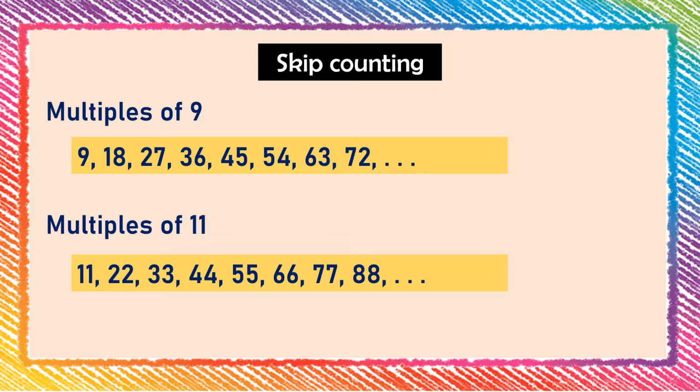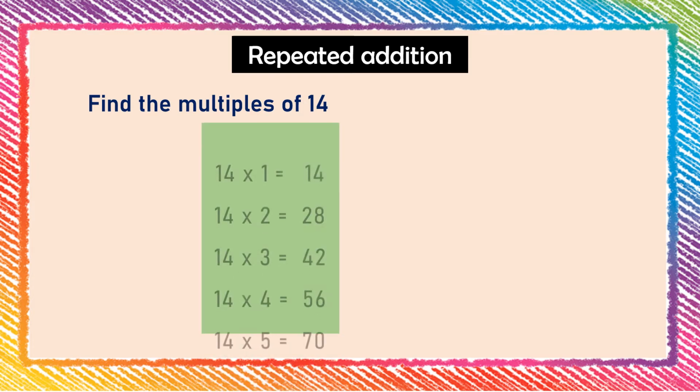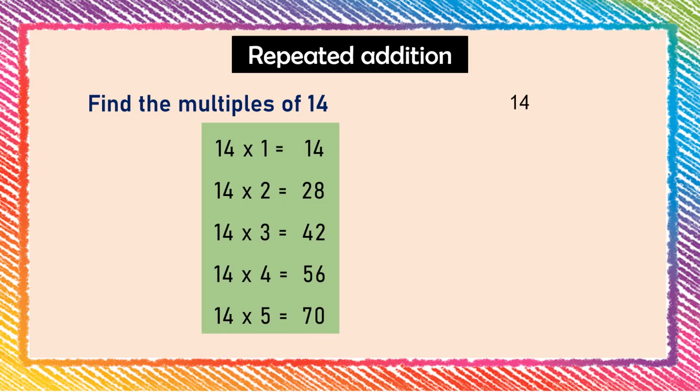and so on. If you find it hard to multiply or skip count big numbers, you can start with repeated addition. Just like to find the multiples of 14, just add 14 repeatedly. 14 plus 14 is 28, plus 14 is 42, plus 14 is 56, plus 14 is 70, and so on.